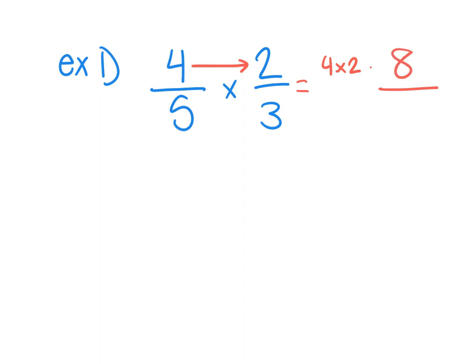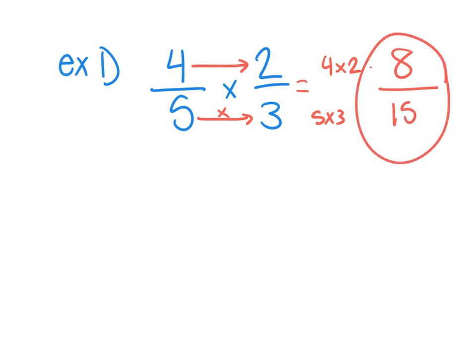Then I'll look at the bottom at my denominators and I'll say 5 times 3, and 5 times 3 is 15. So my final answer is 8 over 15. I know it's my final answer because I cannot simplify this fraction any further, because no number can go into both 8 and 15. Let's take a look at another example.